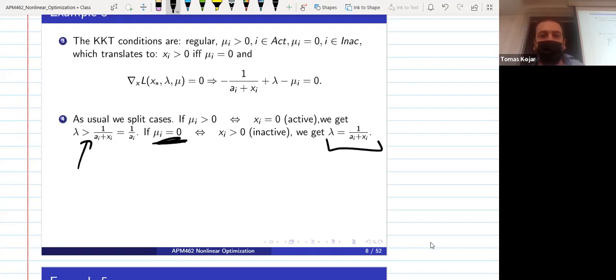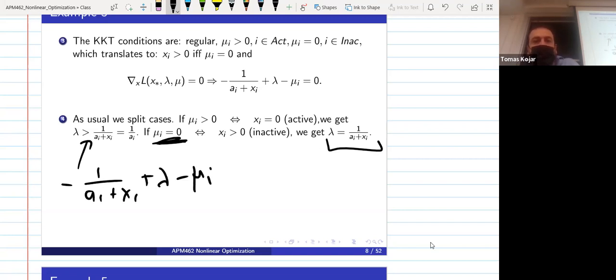Okay, so here, let me do it in case you got lost. We have AI plus xi plus lambda mu y, but I know mu y is negative, so I upper bound. Actually I know it's 0, so why am I doing this? So this is equal to mu, which is bigger than 0.